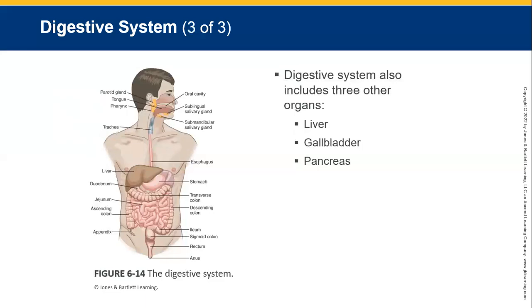The gallbladder adds things like bile, which helps in the processing and breaking down of fats. And the pancreas is involved with secretion of insulin and things like that to facilitate the movement of sugar across the cell membranes.